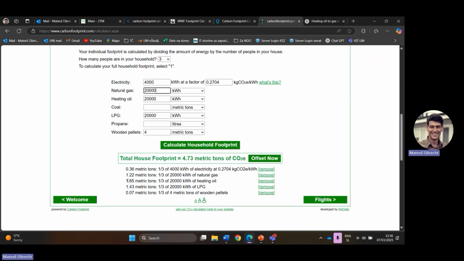You can see that the biggest impact on the environment has the heating oil, 1.65 metric tons. So that means 1,650 kilos. Natural gas is already much better, so its impact is approximately 30% lower. And if you use the wooden pellets, as mentioned before when explaining the carbon cycle, the wooden pellets are made of wood, so they are close to being carbon neutral.